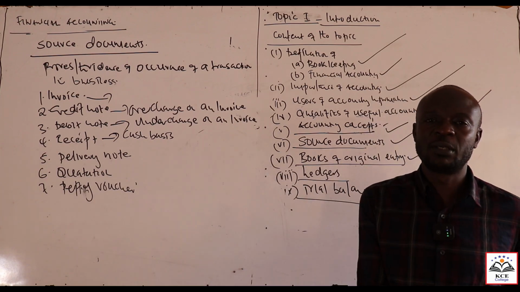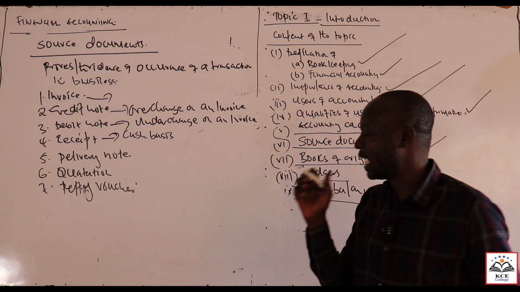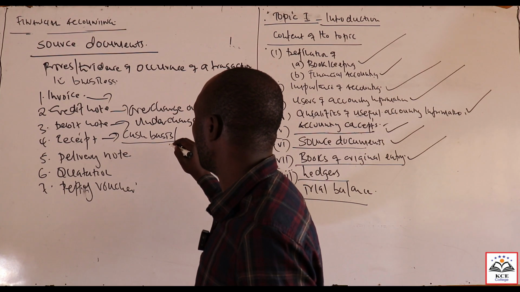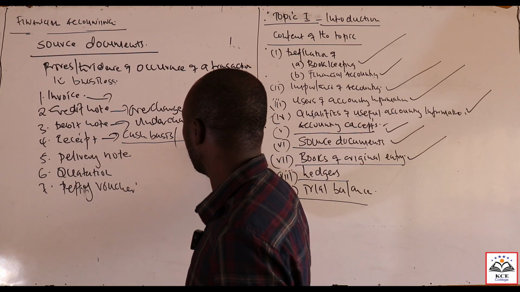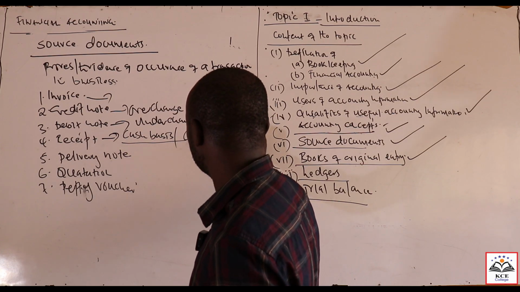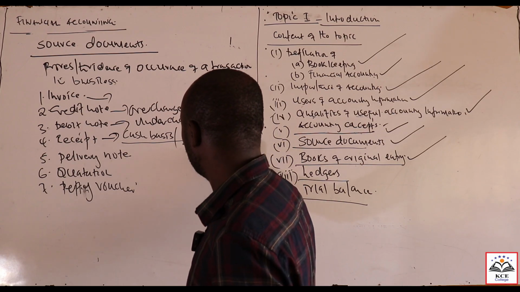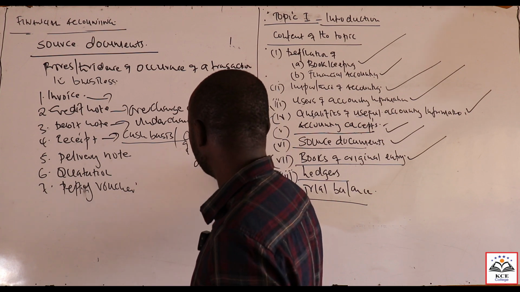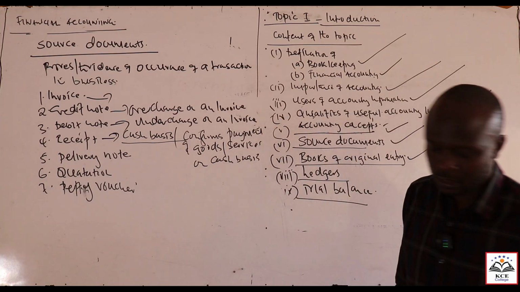When you buy on cash basis or you pay on cash basis, you have to be given a receipt to confirm payments of a product or services on cash. So it's a document that confirms payment of goods, stock, or services on cash basis. That is receipts.